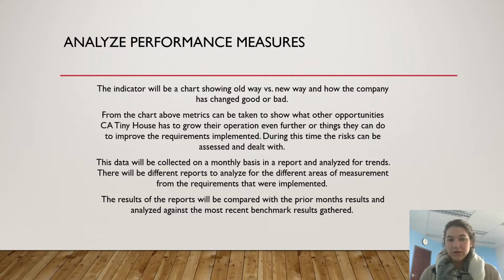The data will be collected on a monthly basis in a report and analyzed for trends. There will be different reports to analyze for the different areas of measurement. The results of the reports will be compared with prior month's results and analyzed against the most recent benchmark results gathered, to really keep us moving forward in our growth.